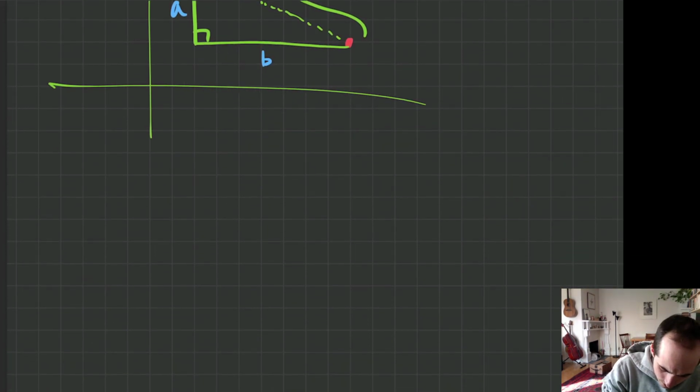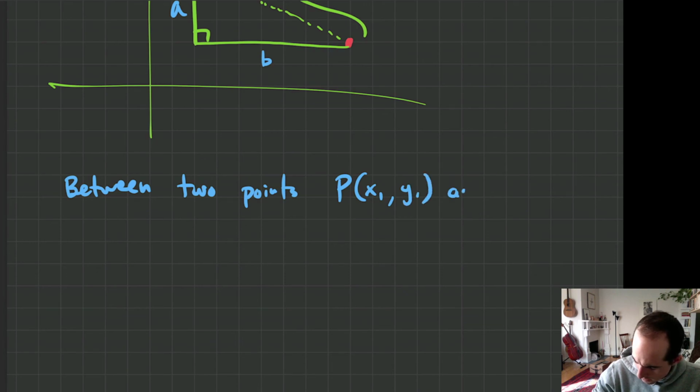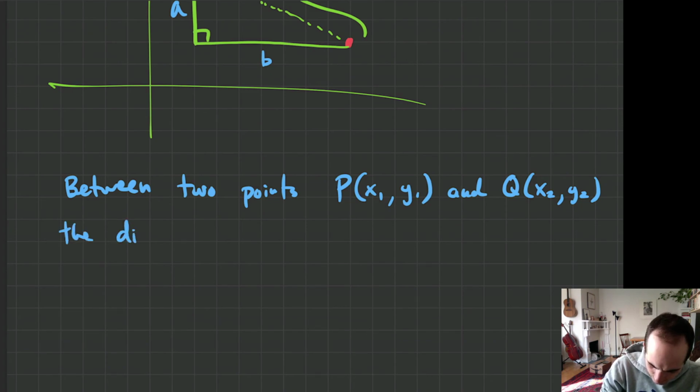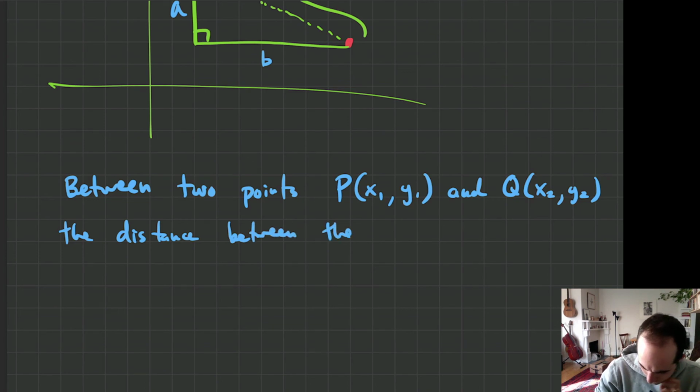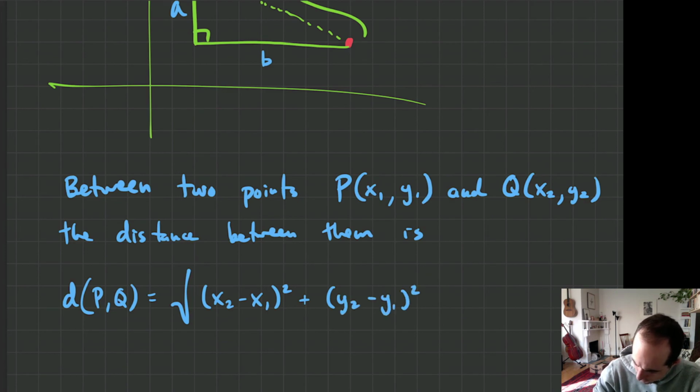So the distance formula is, between 2 points, P, which has coordinates x1 and y1, and Q, which has coordinates x2, y2, the distance between them is, and I write it like this: the distance between P and Q is equal to the square root of (x2 minus x1) squared plus (y2 minus y1) squared.